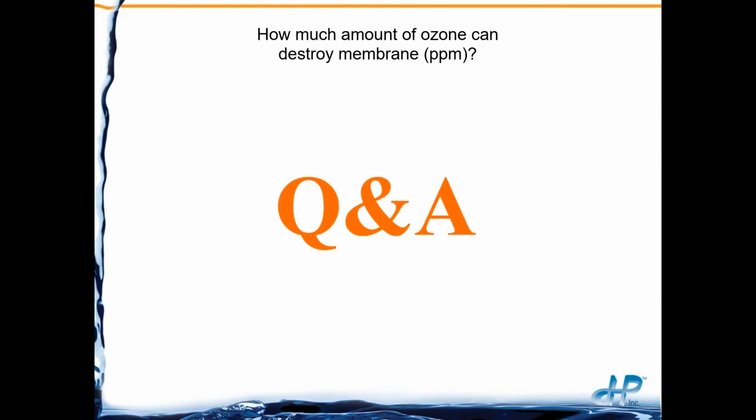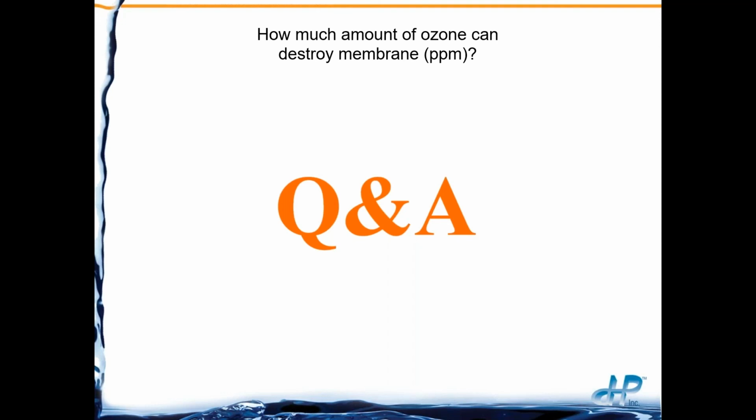So what we have first is, how much ozone, in parts per million, can destroy a membrane? Ozone is a very aggressive oxidizer, so it's going to take very small amounts of ozone. 1 part per million, maybe even a little bit less, even half a part per million, will do damage over time.